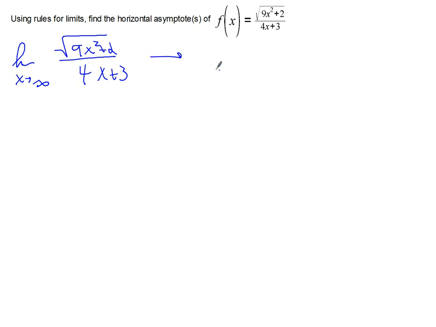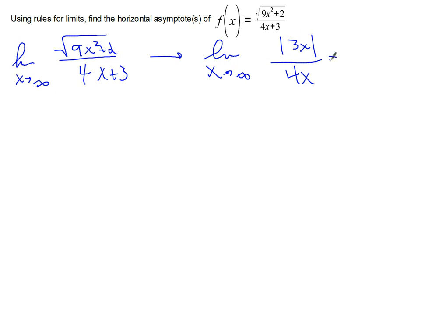The square root of 9x squared is equal to the absolute value of 3x, and 4x is just 4x. So what we have to then think about is what happens when we take the absolute value of 3 times infinity. Well, 3 times infinity is a positive number, and so the absolute value of a positive number is just that original number.